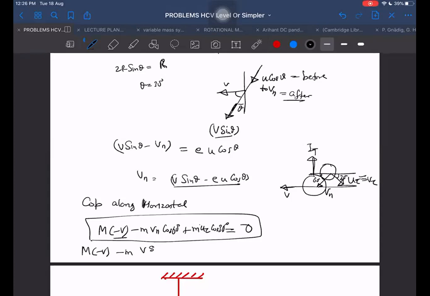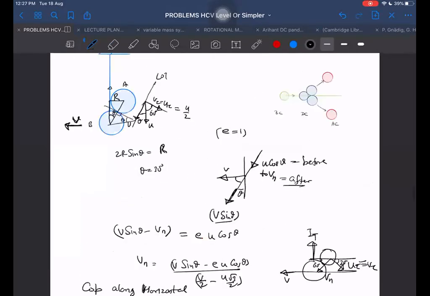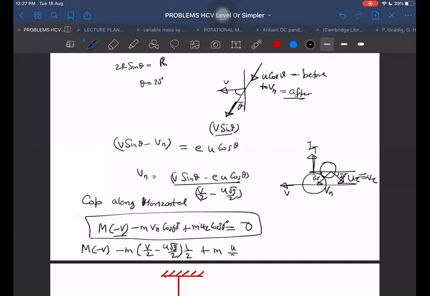Theta was 30, so sin 30 is 1 by 2, minus u root 3 by 2, whole multiplied by 1 by 2 again, plus m into u tau. U tau is u cos 60, u by 2, into root 3 by 2, is equal to 0.